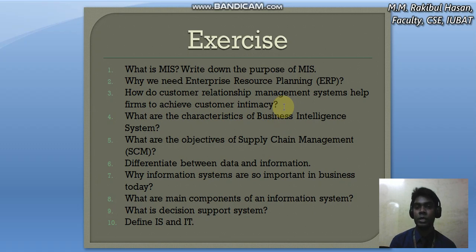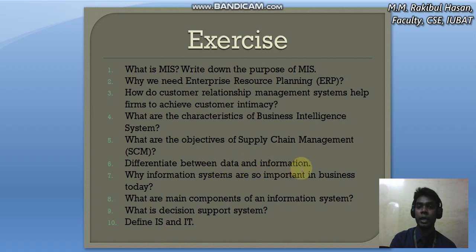That means by using a customer relationship management system, how can we increase our intimacy and relationship with our customer. Fourth question is what are the characteristics of a business intelligence system? The main characteristics of the business intelligence system. Then what is the objective of the supply chain management system? What is the main objective of SCM?